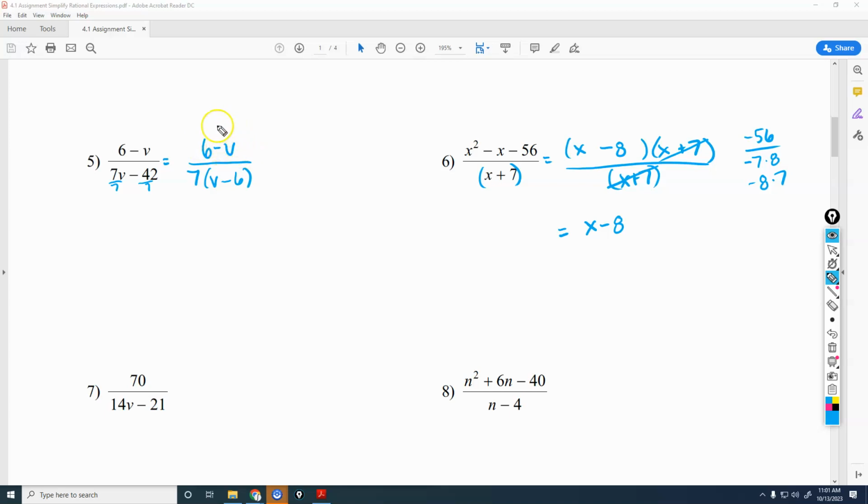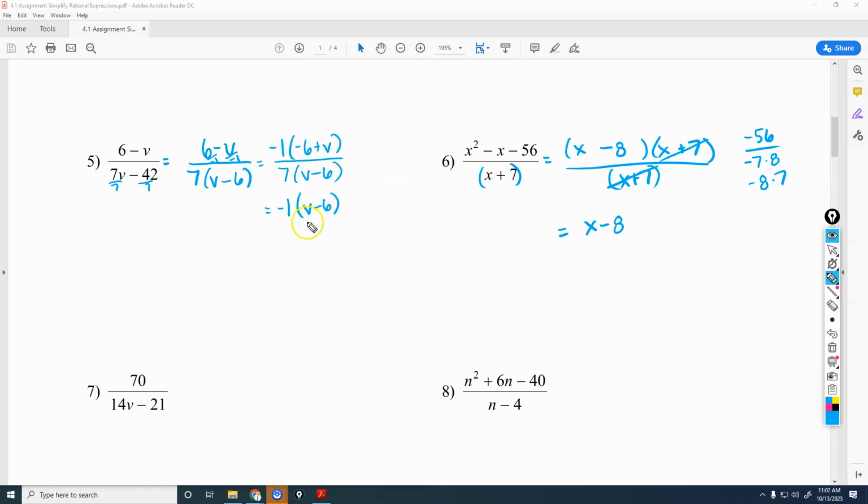You can factor out a negative 1 out of either the top or the bottom. It doesn't matter. I'm going to do the top. So if I divide both of these by negative 1, that means I'd have a negative 1 out front. That would give me negative 6 and a positive v. And then I would have negative 1. I could rewrite this as v minus 6 because negative 6 plus v is now addition.